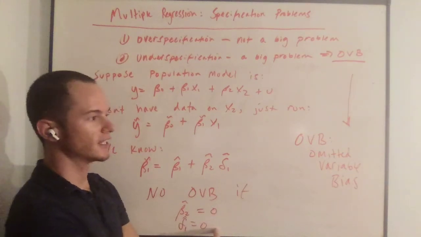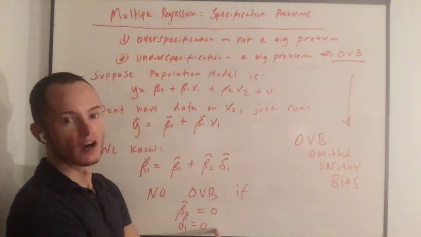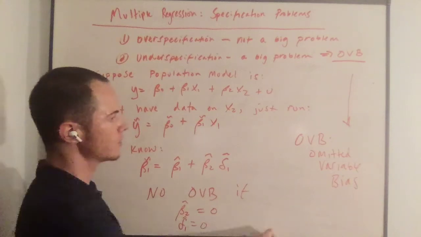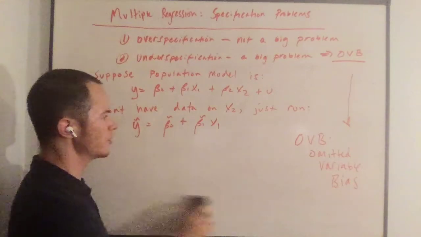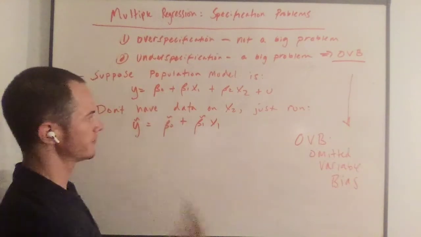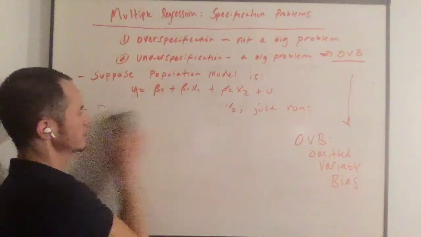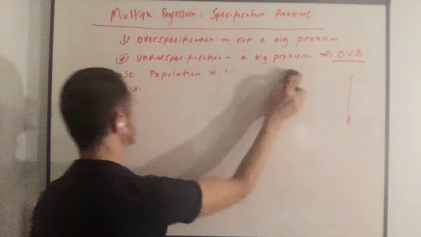Delta 1 hat would be equal to 0 if x1 and x2 are perfectly uncorrelated. All right, so let's specify the omitted variable bias if, in fact, this is our population model, but we actually run this equation.